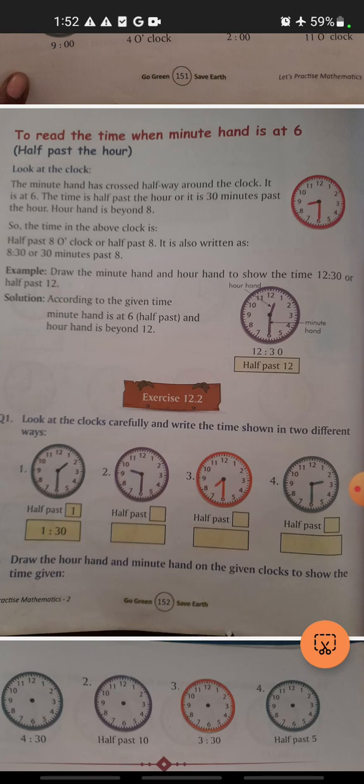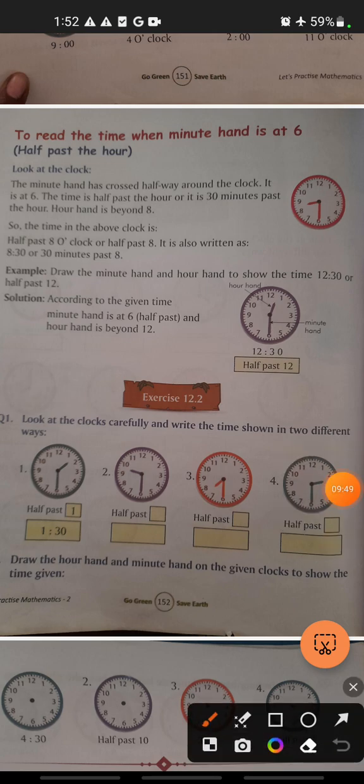It means that half the clock is covered by the minute hand. It means this is half past 1 and we have to write it as 1 double dot 30. Next is question number 2.